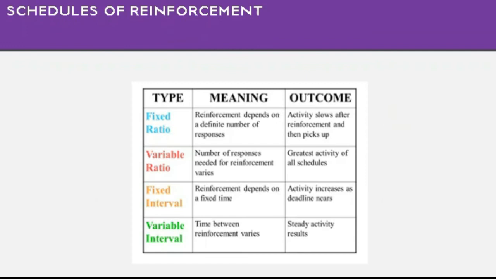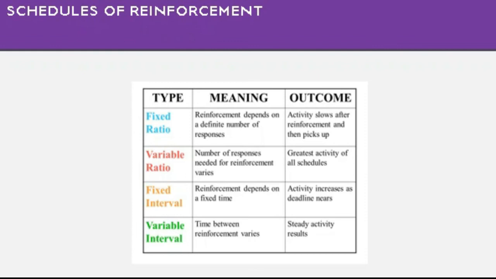Alright? Next would be, we have here fixed ratio, variable ratio, fixed interval, and variable interval. Always take note that ratio meaning is amount. Interval is always associated with time. Okay? Let me repeat.